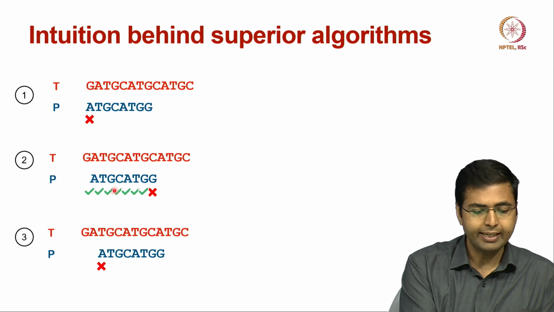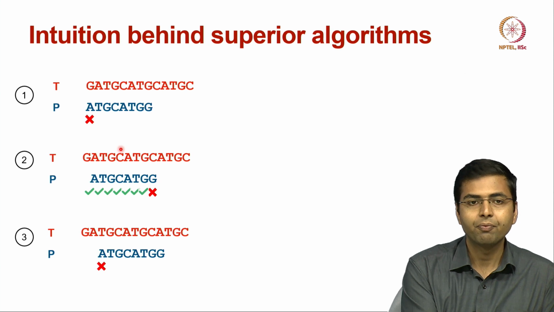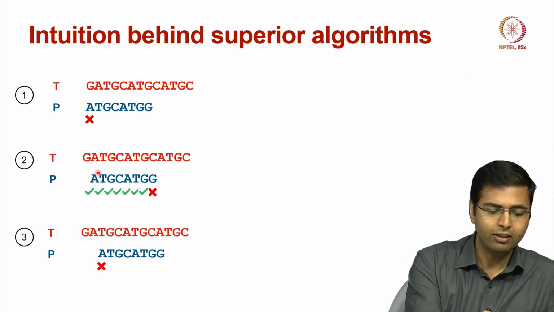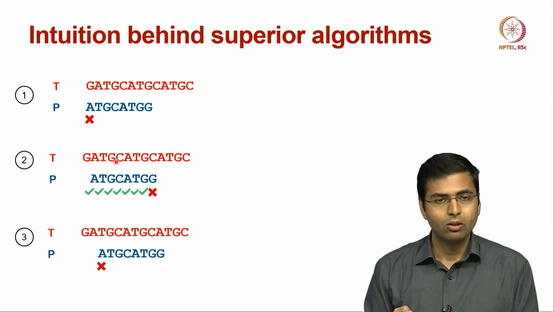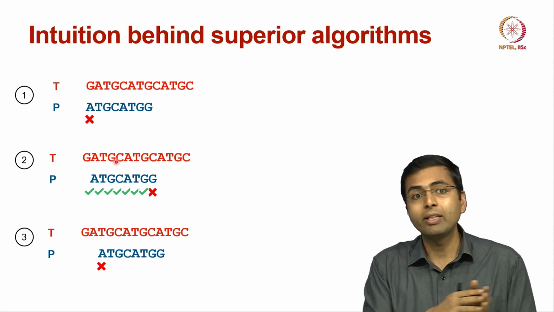So, in the second iteration we already know that the 1st character of the pattern matches at the 2nd location of the text, and the next occurrence of the A character is at this position. So, there is no point matching the pattern at the 3rd, 4th or 5th characters at all. An efficient algorithm would slide this pattern by more than 1.